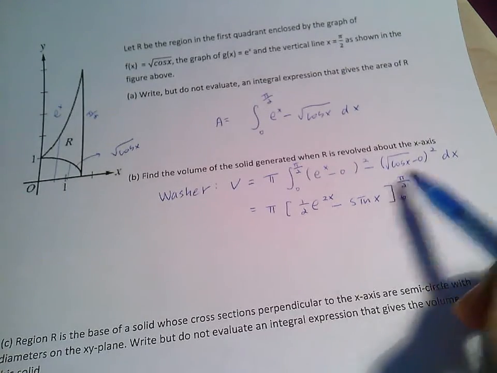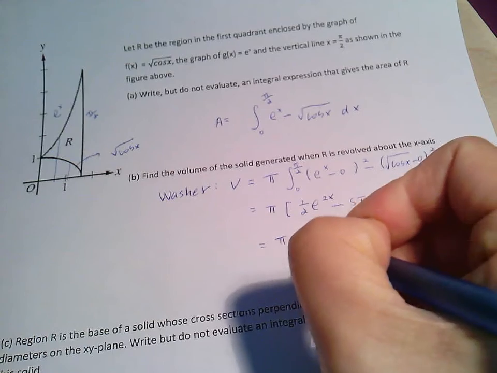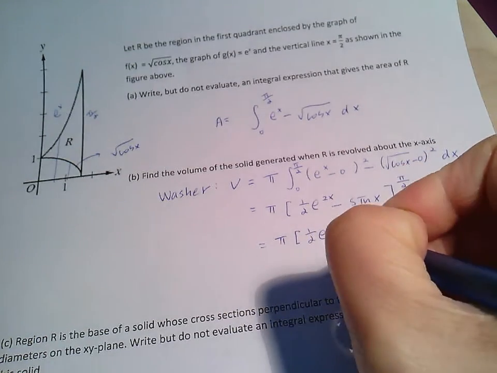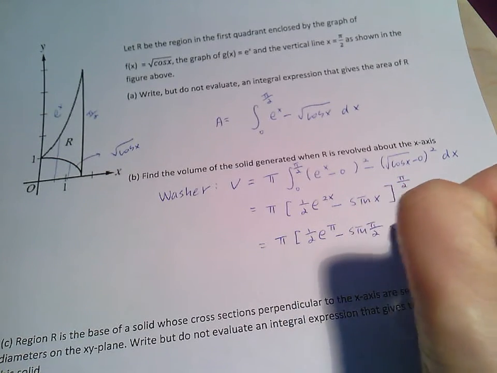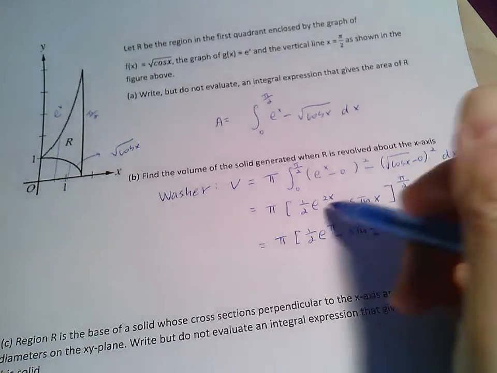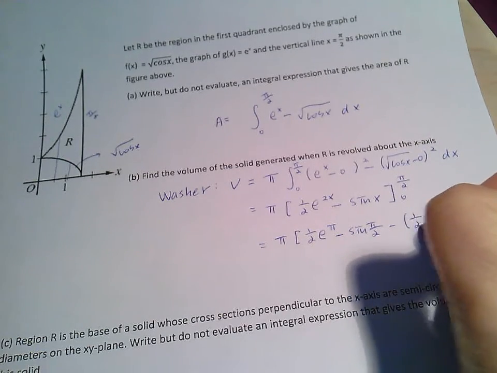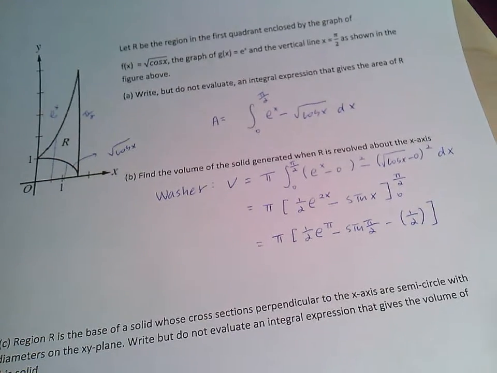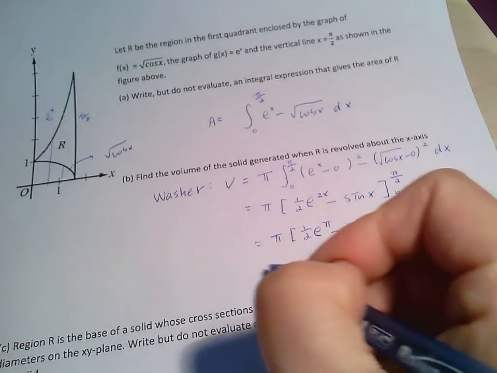All right, now plug in pi over 2. We have 1/2 e to the 2 times pi over 2, which is pi, minus sine pi over 2, minus the value plugging in 0. If you plug in 0, e to the 0 is 1, times 1/2 is 1/2, and sine 0 is 0.